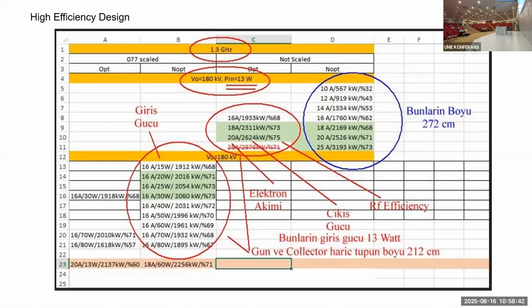The 1.3 gigahertz is very important for us. We discussed it about 7 years ago or later. And due to that, I designed some Klystrons during COVID times.